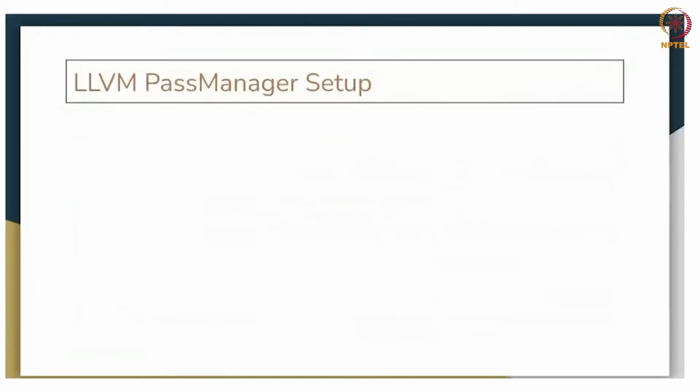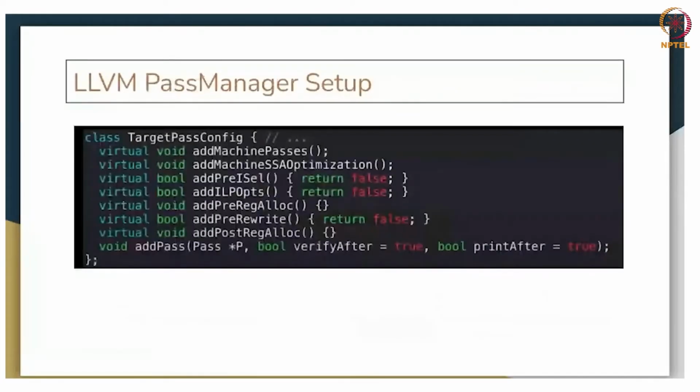In the LLVM pass manager, you have the TargetPassConfig class, where you have addMachinePass, addMachineSSAOptimization, addInstSelector, addILPOpts, which I think stands for instruction level parallelism optimization, register allocation, addRewrite, addPostRegAlloc passes. These are all target dependent passes.